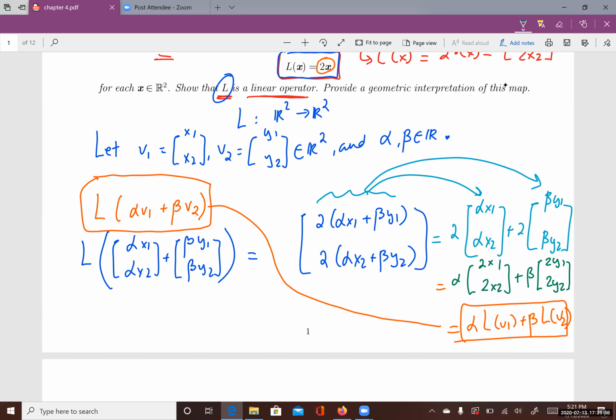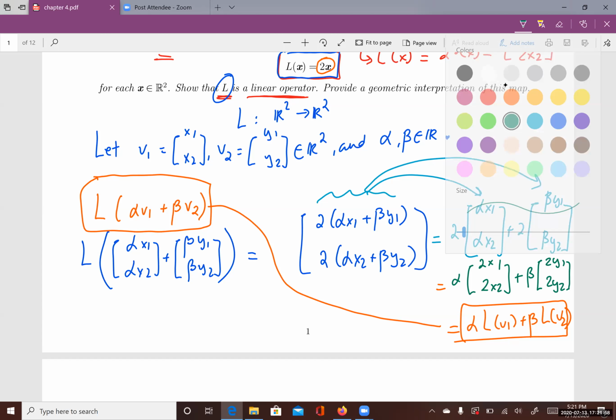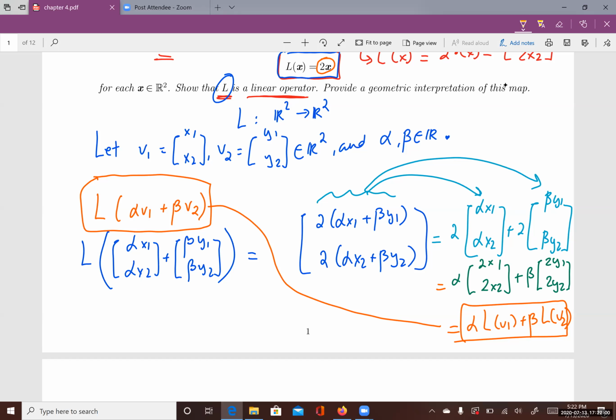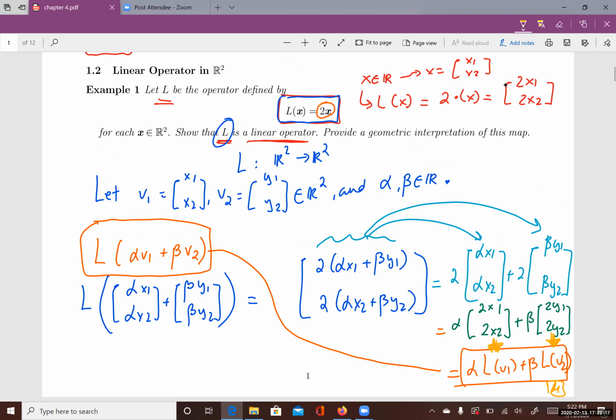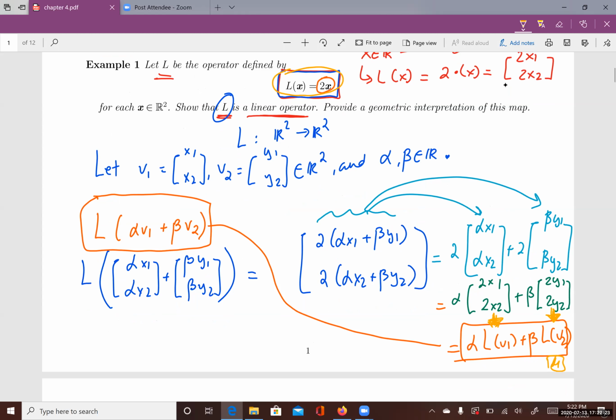At this point, you see clearly that this is actually alpha L of V1, and this is actually beta L of V2. Well, we just showed that this map is a linear operator from R2 to R2.